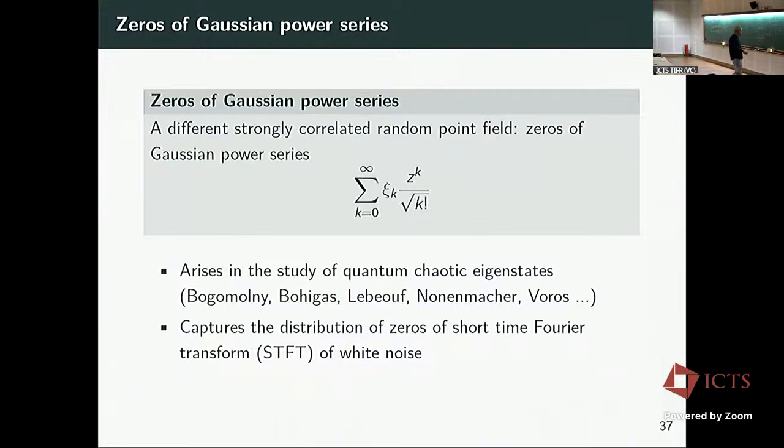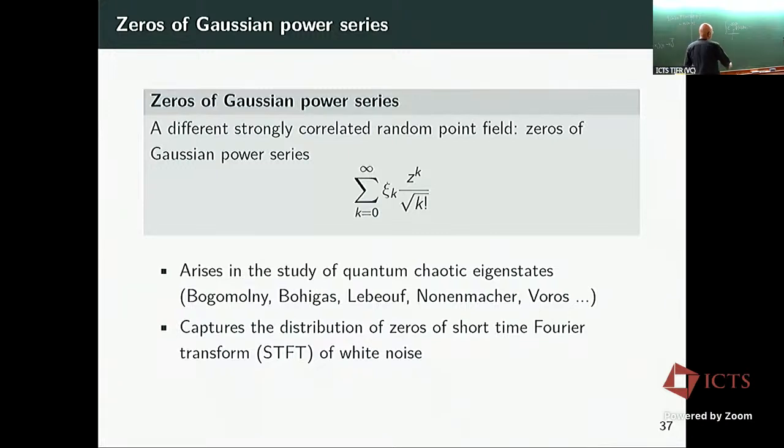So what is a short time Fourier transform? We all know what the Fourier transform is, very important in signal processing. It is something like this, right? Now this can have some stability issues because this exponent is highly oscillatory. So what you can do is modulate it by introducing a cutoff.